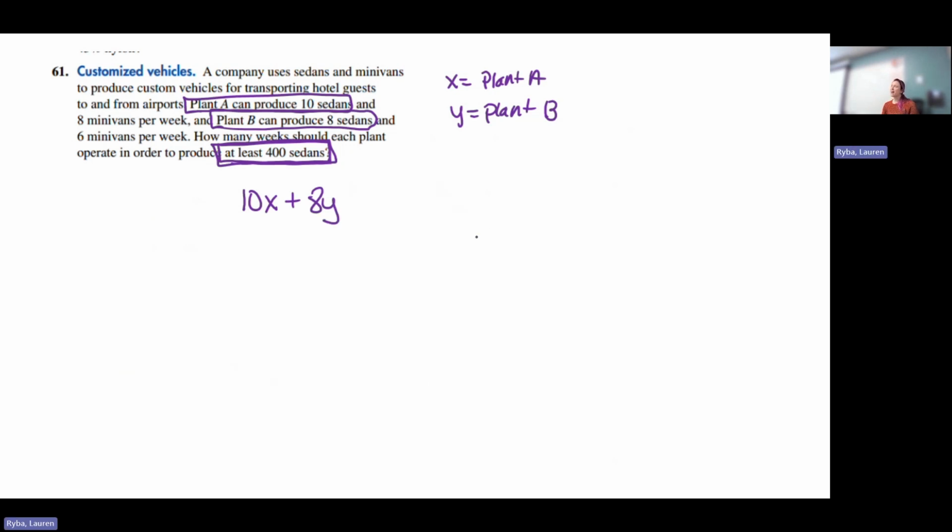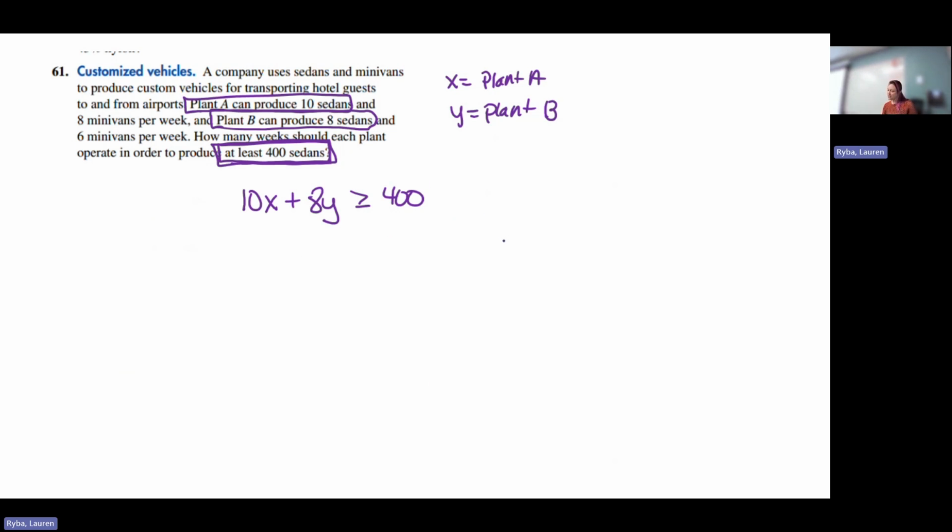All right, at least greater than or equal to. Who said that? Miles? Nice job. So at least means at the lowest I can go is 400. So I need to go above that. Sean's like, oh, that makes sense.